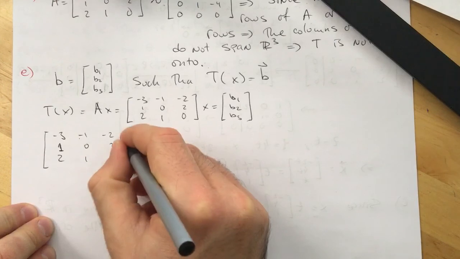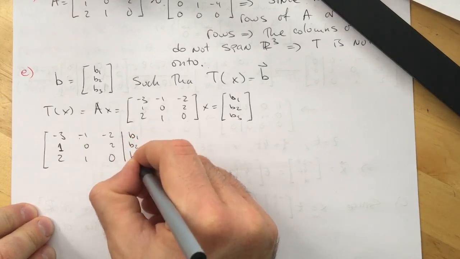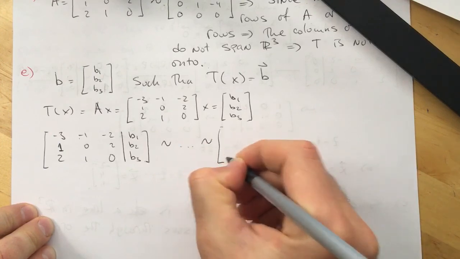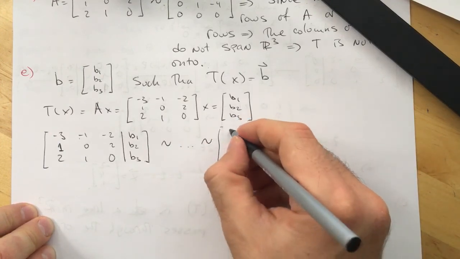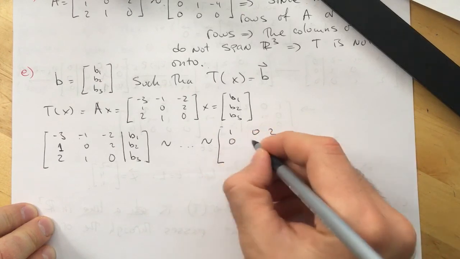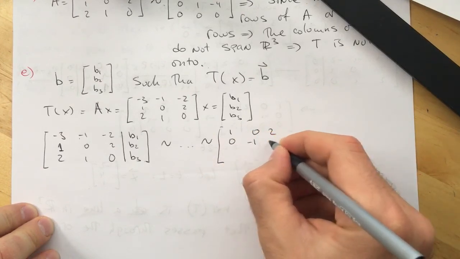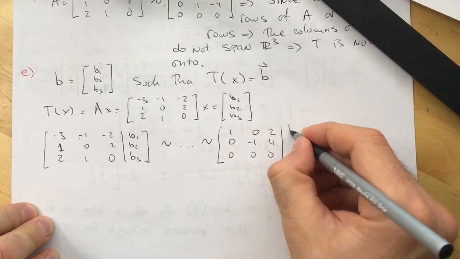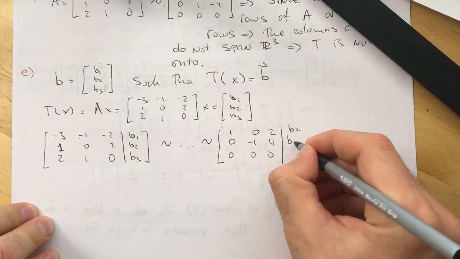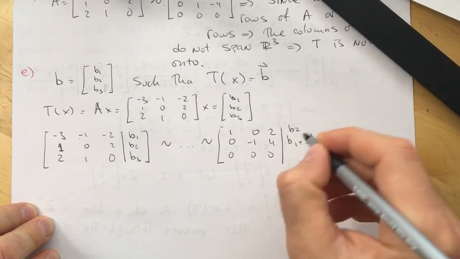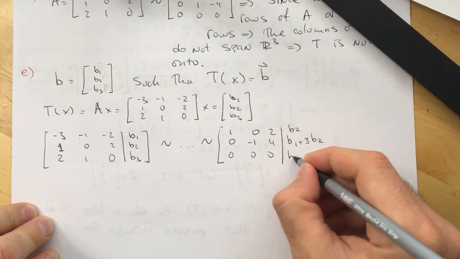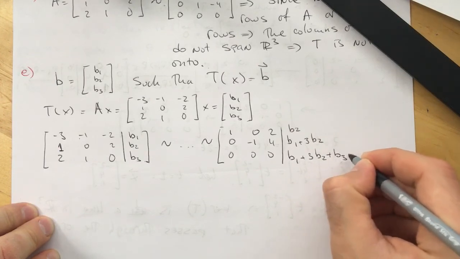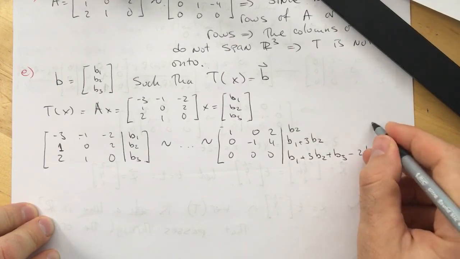With b1, b2, b3 augmented, you will get (1, 0, 2), (0, -1, 4), (0, 0, 0), and here you have b2, b1 plus 3b2, and in the last row b1 plus 3b2 plus b3 minus 2b2.